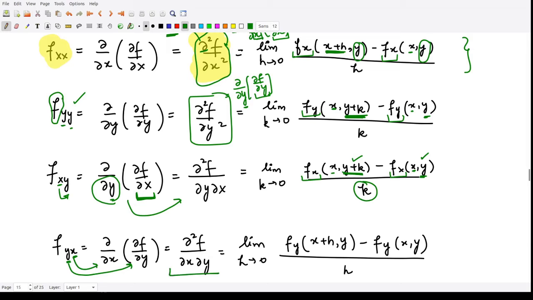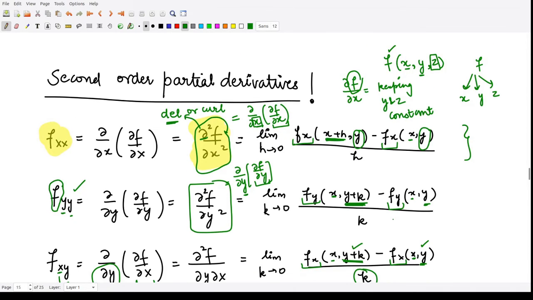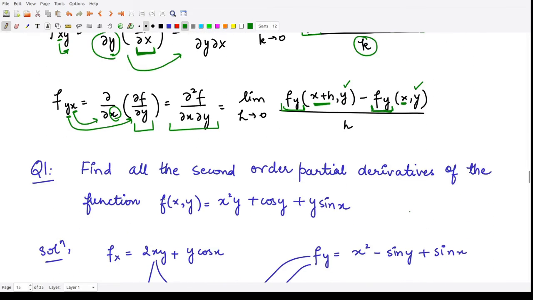Here because we are taking the derivative of del f by del y, this is f of y and here also f of y, and because we are taking the second derivative with respect to x, the change is seen only in this x coordinate and the y coordinate is kept as such. So this is the basic definition and some of the notations for these second order partial derivatives.